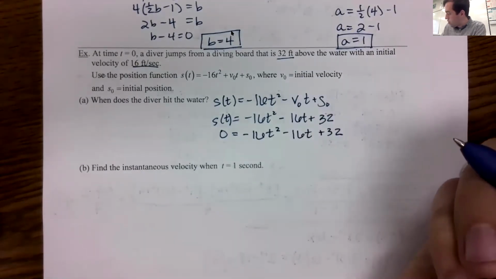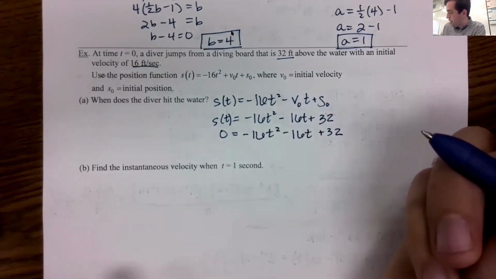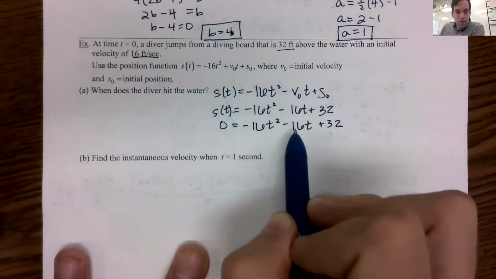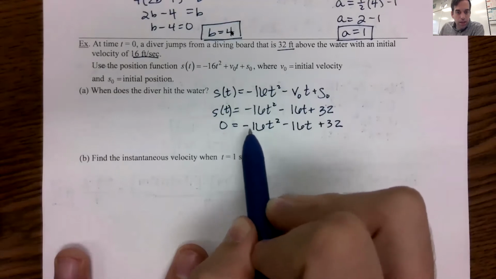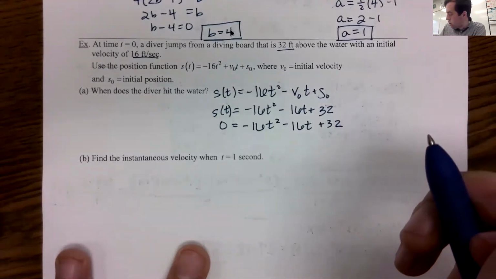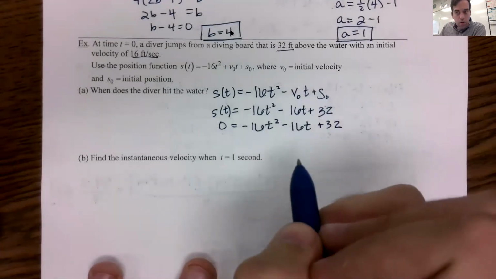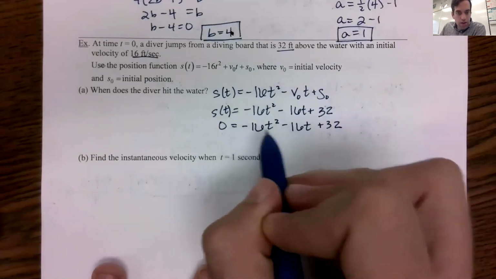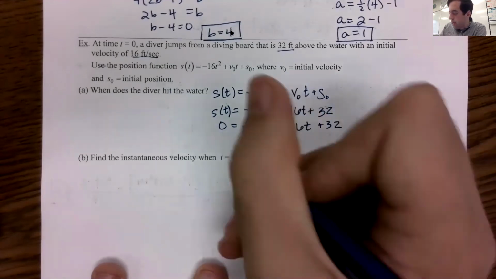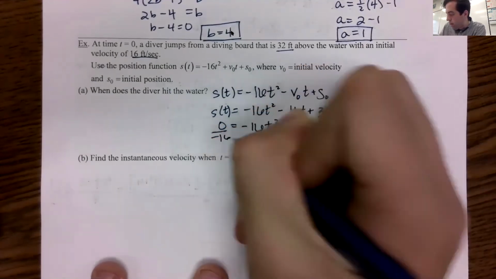And we're going to try to solve this for t. So I think the easiest thing to do here to factor this quadratic is to divide each of these by 16. Also, personally, I learned that when I factor quadratics, I don't want the first term to be negative. So I'm going to divide everything by negative 16.